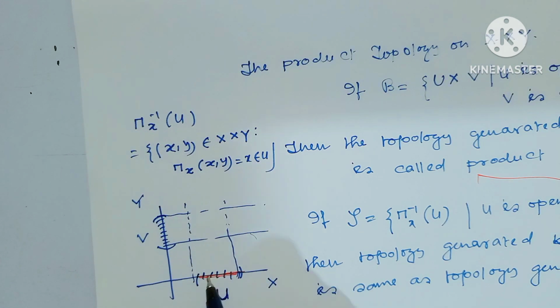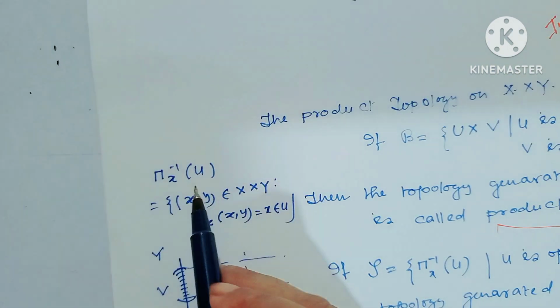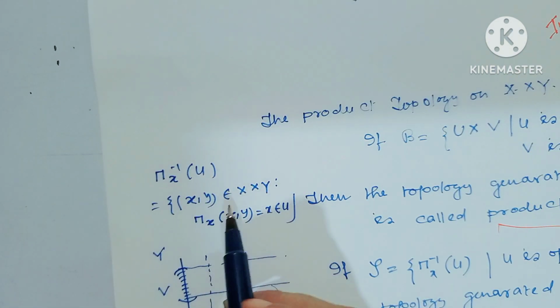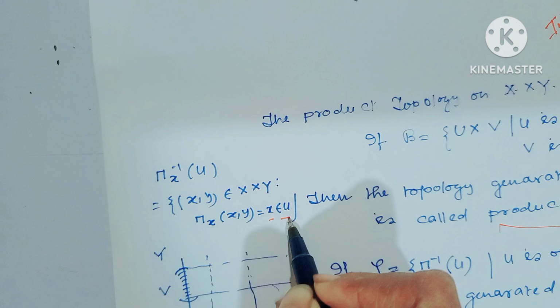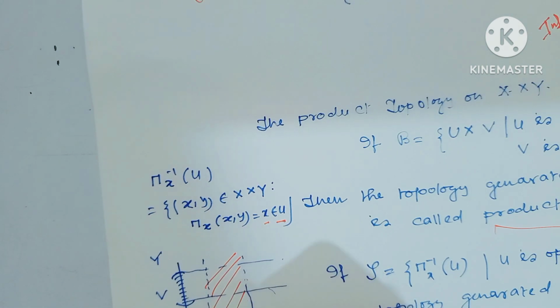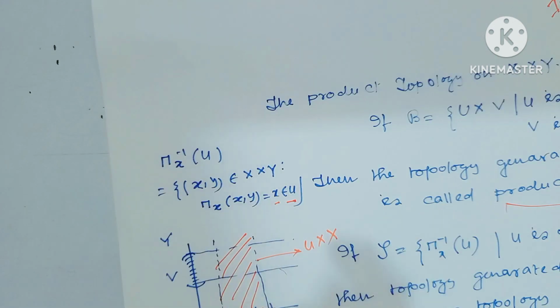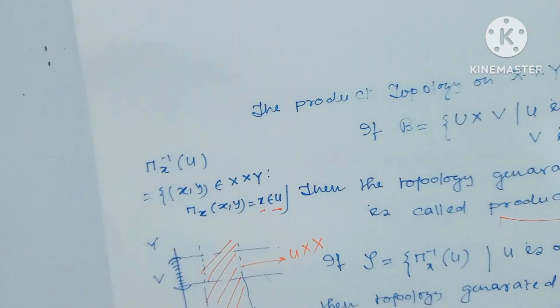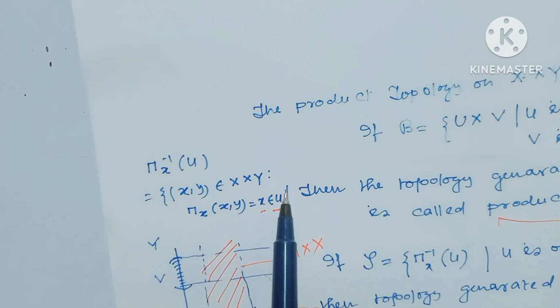If this set is U, then pi X inverse U means (x, y) belongs to X cross Y such that pi X (x, y) equal to x belongs to U. Since here Y absent, that means Y is arbitrary, and this is U cross Y. Similarly, pi Y inverse V would be those (x, y) belongs to X cross Y such that pi Y (x, y) equal to y.